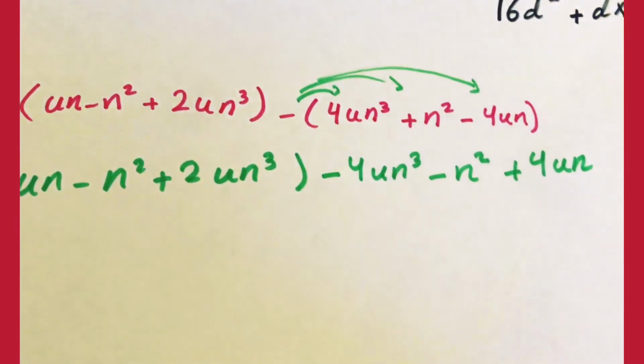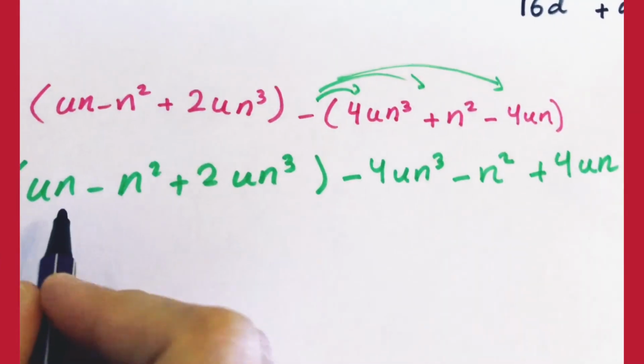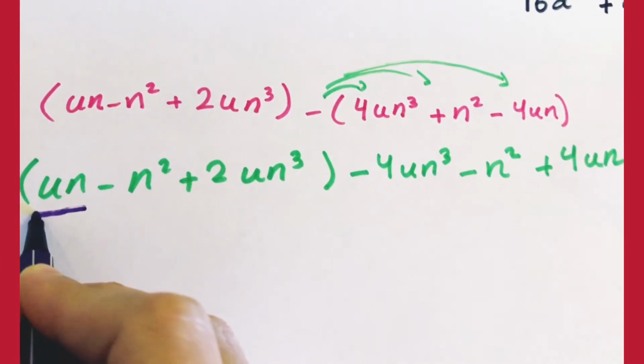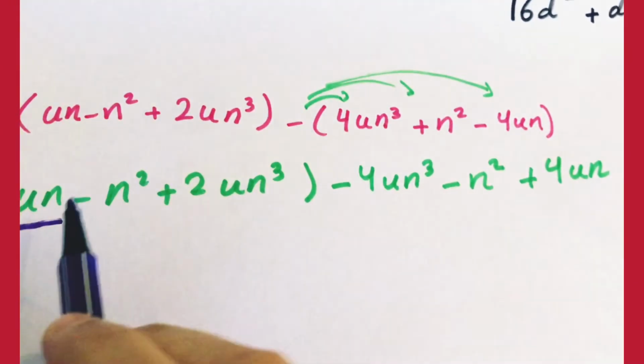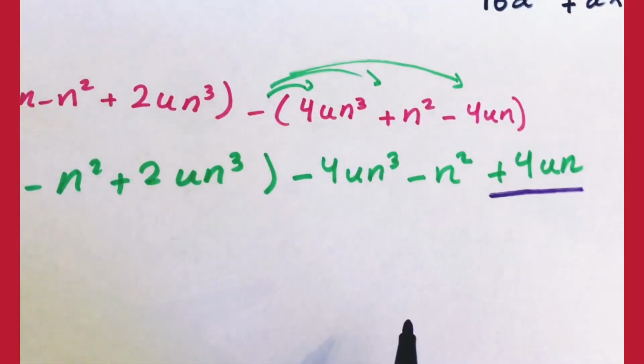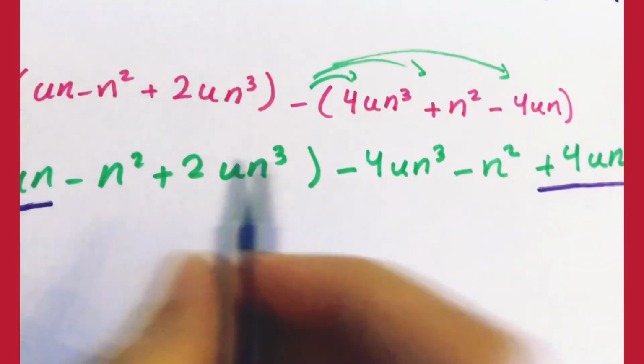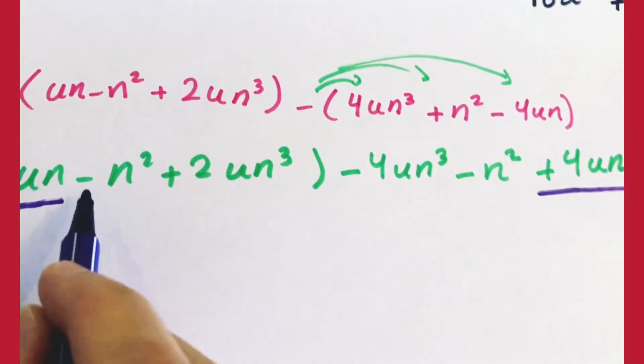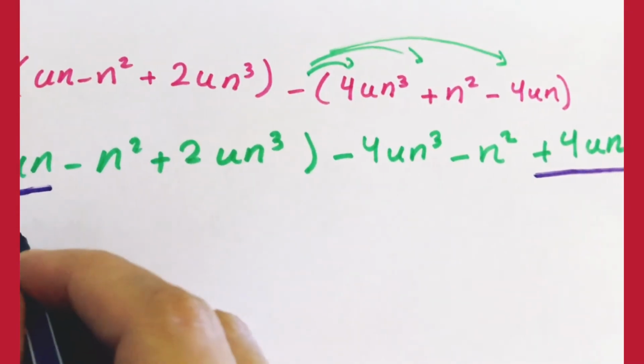So now we can start to solve the question. Okay, I'm going to take the same terms or like terms together, un with minus un. Here we have un, yes, this one. This 4un, so it will be un plus 4un. Do we have another un? No, so it will be 5un.